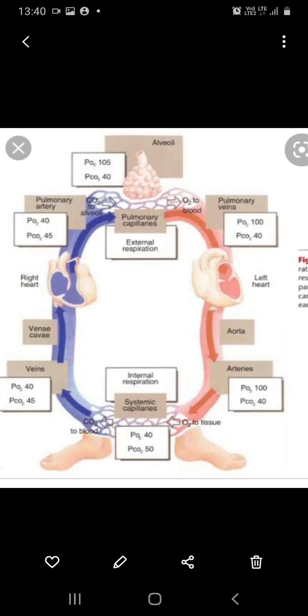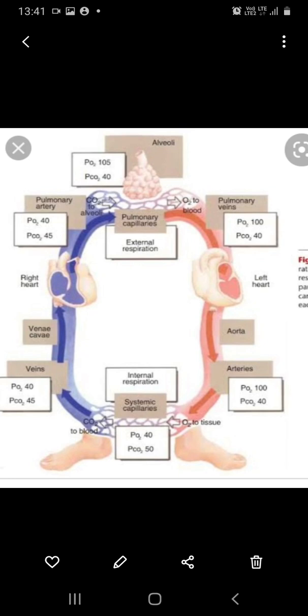Partial pressure of a gas is equal to atmospheric pressure into percent content in the mixture. Therefore, the pressure of atmosphere at sea level is 760 mm mercury.